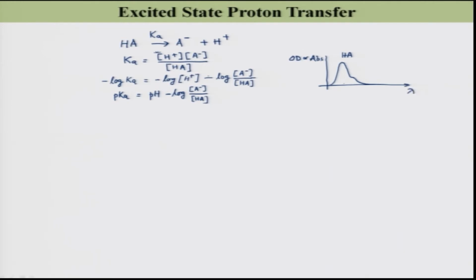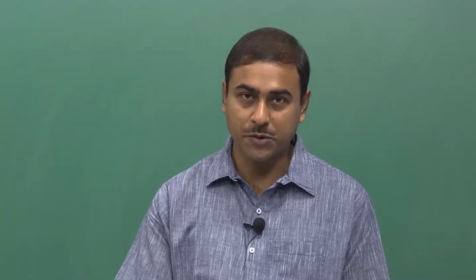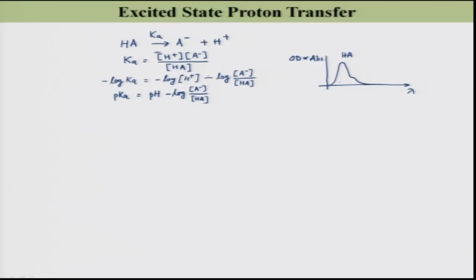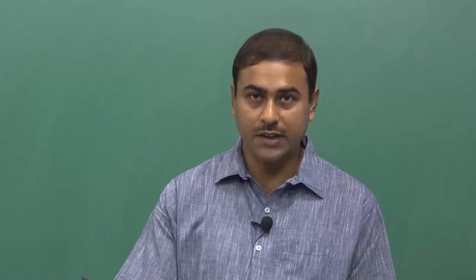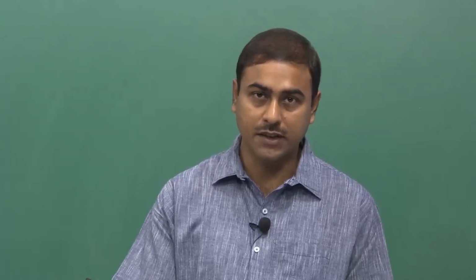So, once you increase the pH of the medium, then more and more HA will form A minus, and if A minus is having a completely different type of absorption, let us say like this way, the A minus absorption is something like this. Then what we are going to see is formation of A minus at the expense of HA. So, HA will decrease and A minus will increase.